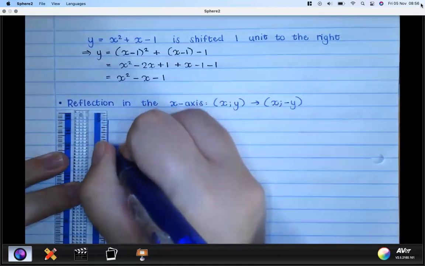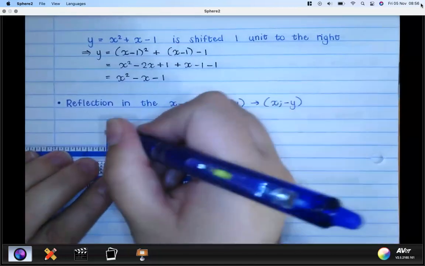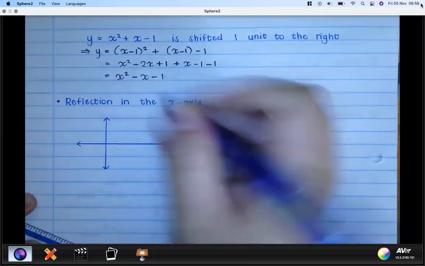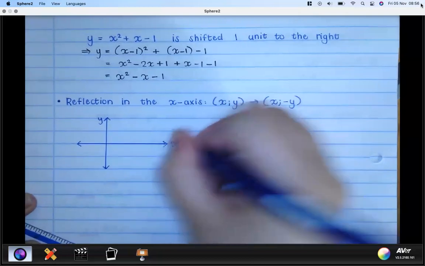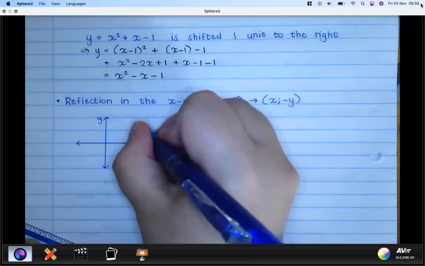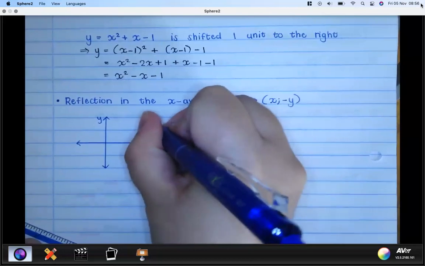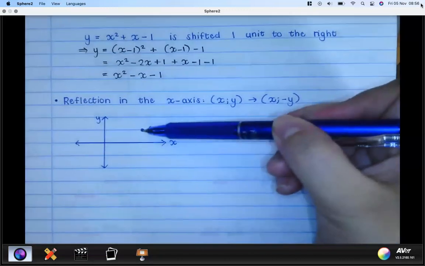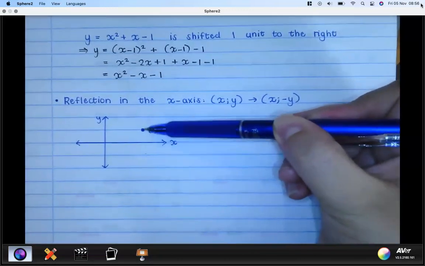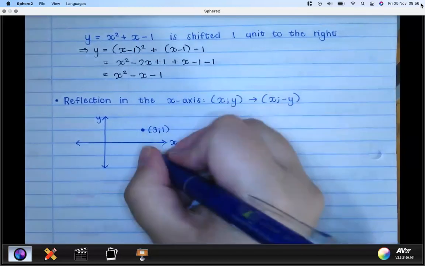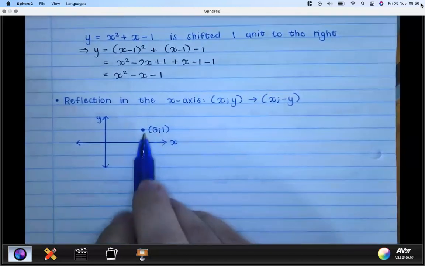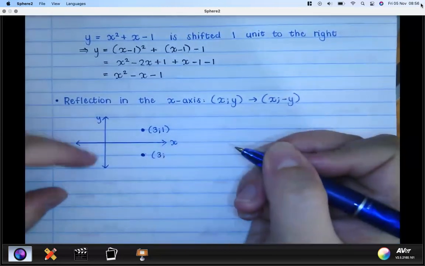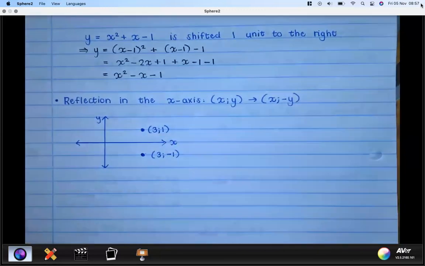If you have a little Cartesian plane over here, that's the y-axis, this is the x-axis. If you have the point, let's say this is the point 3, 1, and you now reflect that point in the x-axis, that basically means that you're going to flip it over the x-axis. You will get this point here, which still has an x value of 3, but this one will now have a y value of negative 1.